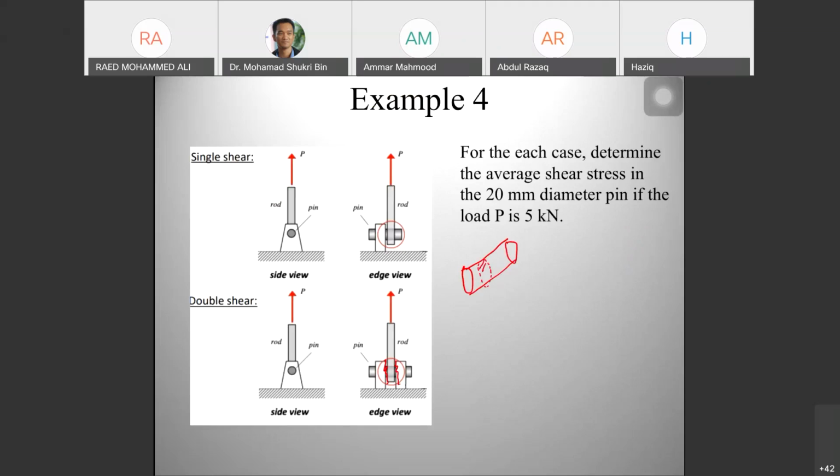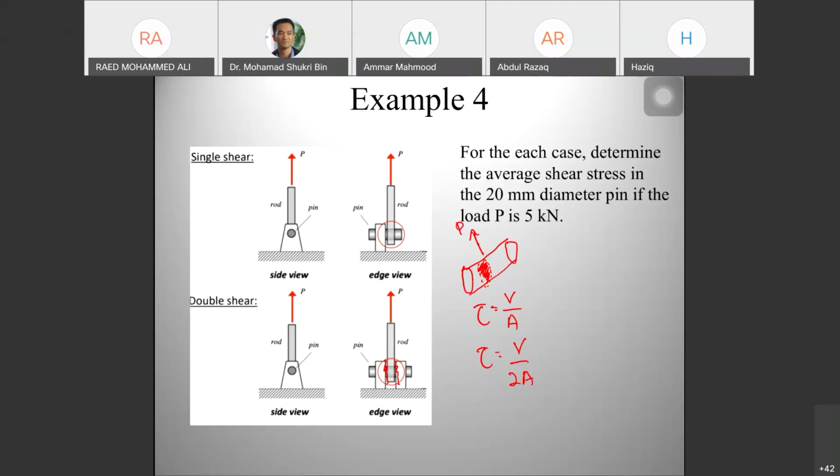To find tau, tau is V over A for single shear and tau is V over 2A for double shear. The area is this cross section, because P acts in this way, so P must be parallel to the cross section. So A is this area.